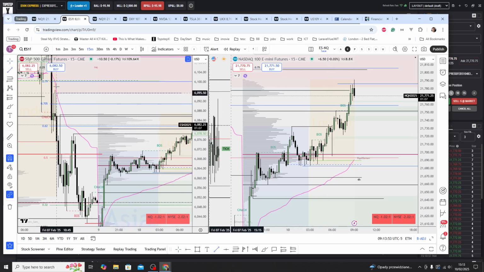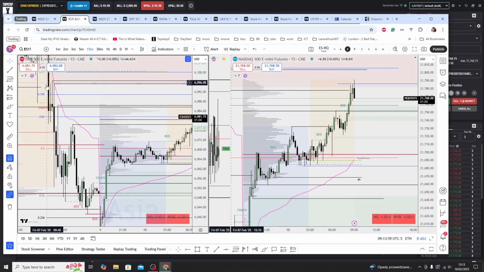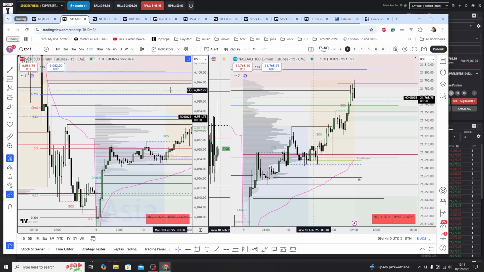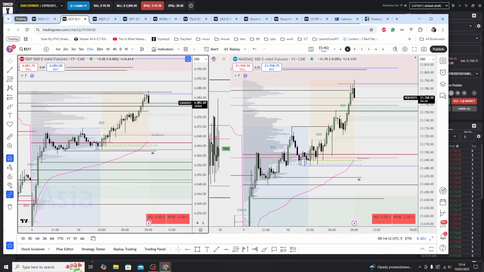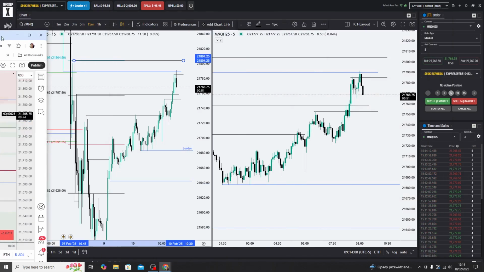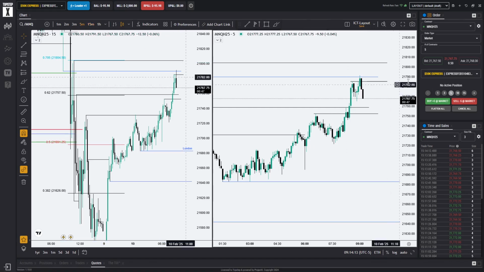I got two of them up there with resting liquidity above. Not a lot of liquidity, to be honest, but still liquidity. I think we're just going to pull. And we are pulling.